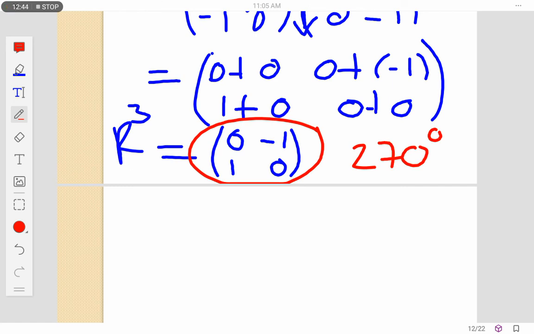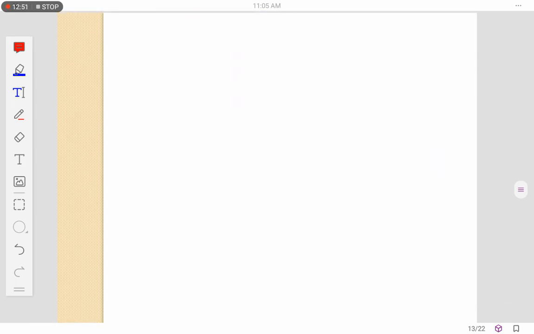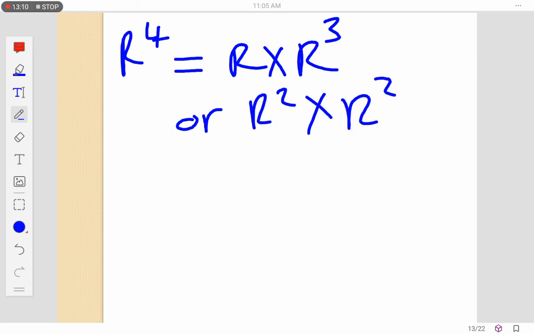Okay, so we can do the same for 360 degrees. When we do it for 360 degrees, I can simply say r to the power of 4, that's for 360 degrees, which is the same as r times r cubed, or we can say it's r squared times r squared. So when you do that multiplication, let me just take the r squared ones.